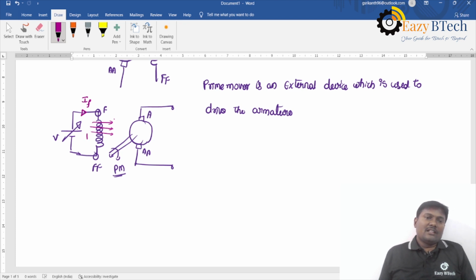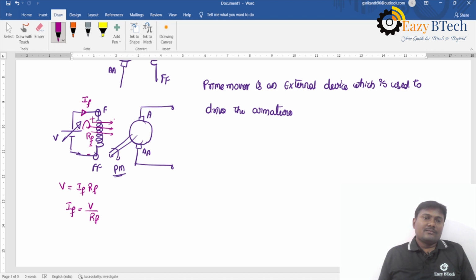So the field winding resistance will be RF. We can write the equation V is equal to IF into RF by applying KVL to this loop: minus V plus IF RF is equal to 0. Then the field current IF is equal to V divided by RF.